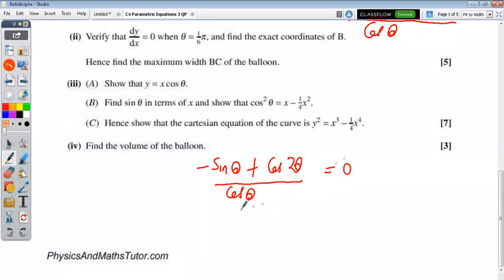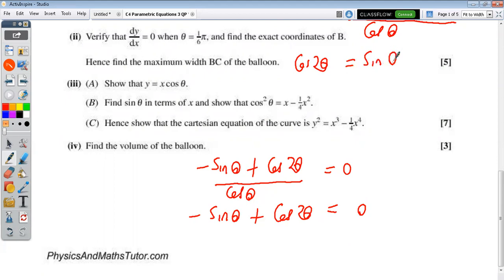Cross multiply, this becomes 0, so it becomes minus sine theta plus cos 2 theta is equal to 0. Clear? So move that to the other side, it becomes cos 2 theta is equal to sine theta. Making sense?